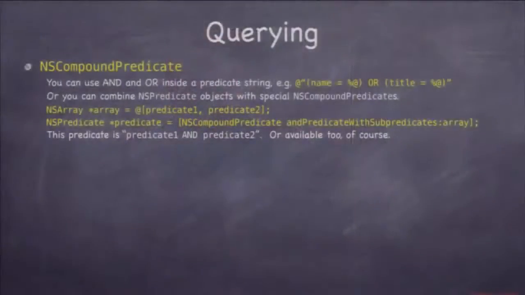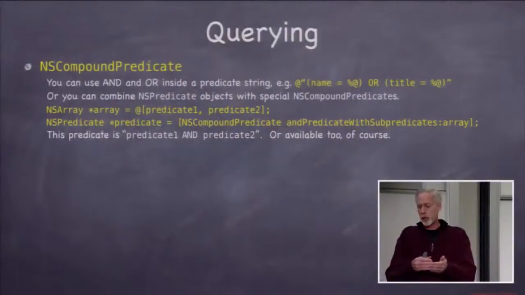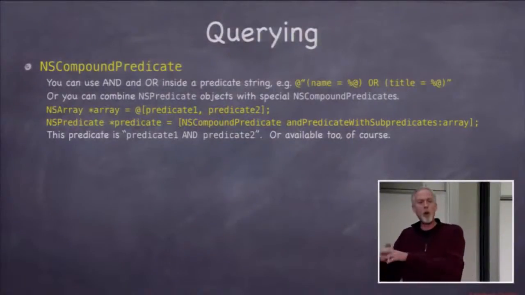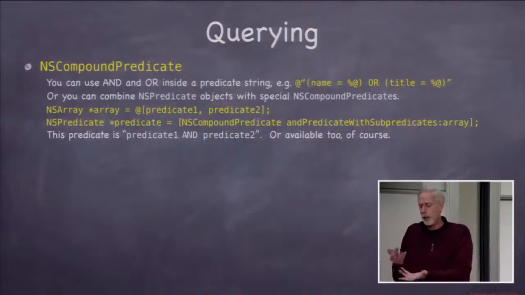Okay, so there's a bunch of examples. Again, I'm just trying to give you examples. We're not trying to teach you predicates here. There's also a compound predicate. In the NSPredicate, you can say AND or OR. So you could say name equals %@ or title equals %@, if you had an object that had a name and a title. Or you could say who.name equals blah or title equals blah.